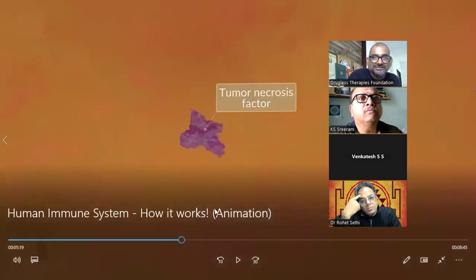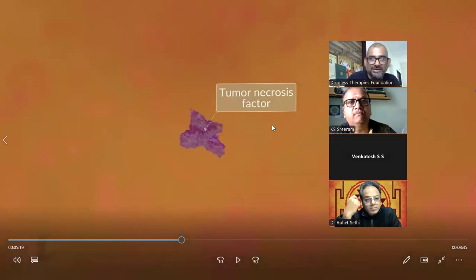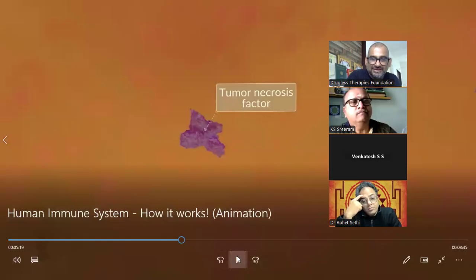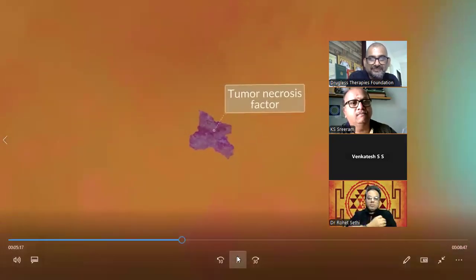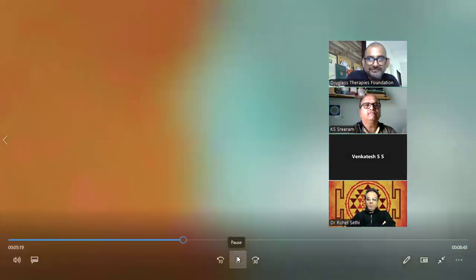The name itself says tumor necrosis factor. What does tumor necrosis mean? Destroying. It is a tumor destroying factor. So if it is not working, then what happens? It starts accumulating the garbage. It causes fever and stimulates leukocyte production.